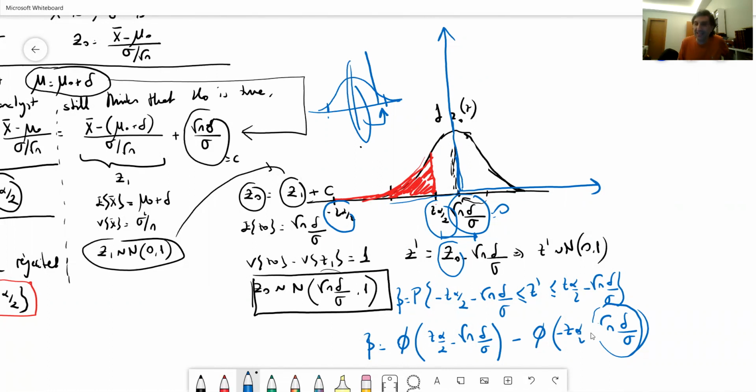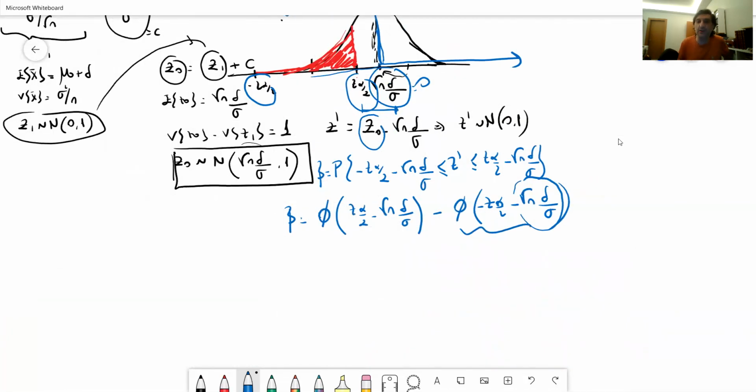What I would like to say is this value is going to be usually very small, so you can assume that this is approximately equal to 0. So we come up with a very simple result where we have this expression.